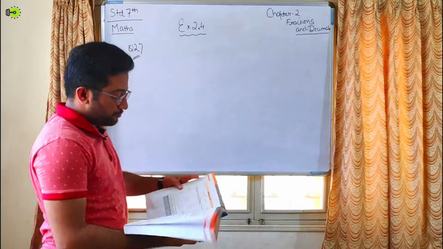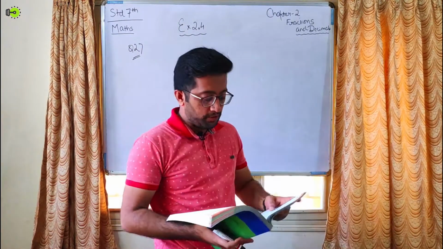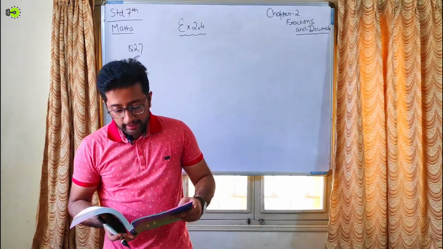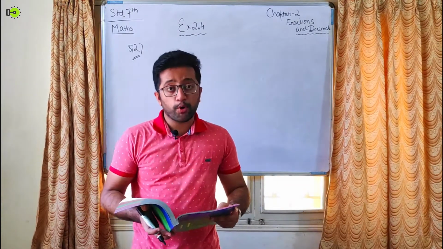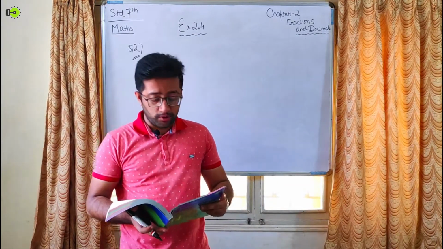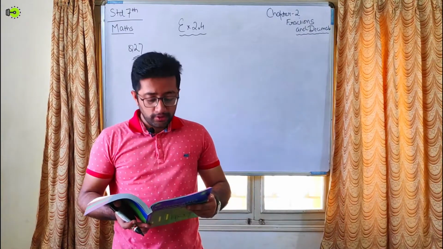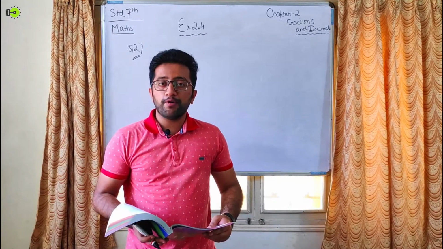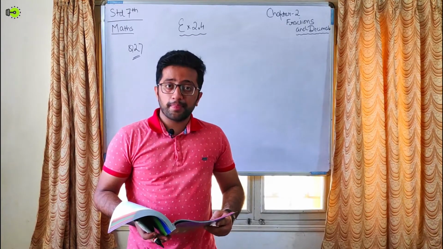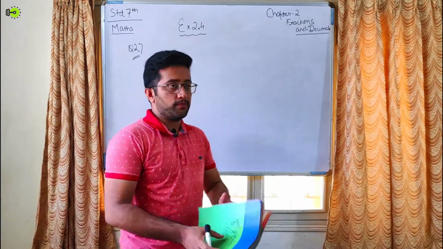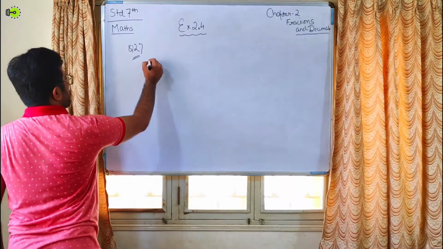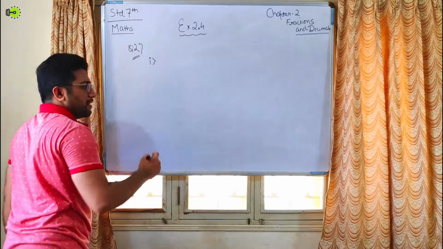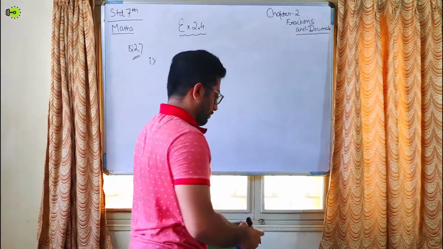Okay, in question number 2, find the reciprocal of each of the following fractions and classify the reciprocal as proper, improper or whole numbers. So what we need to do is take the reciprocals and then denote whether they are proper, improper or whole numbers.